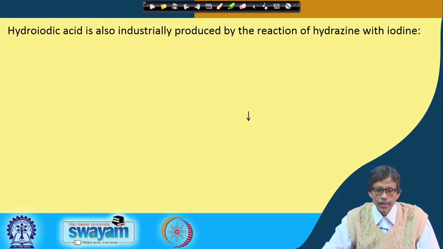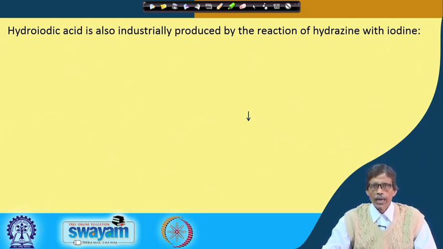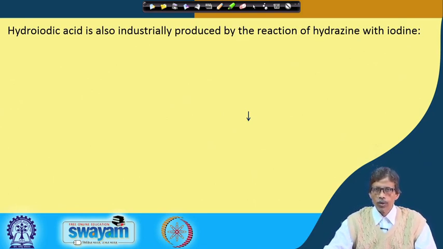So, this is industrially produced also, the direct elemental combination, because most of the time we will consider that inorganic chemistry is largely dominated by the way that what we can have, we always think of direct combination.